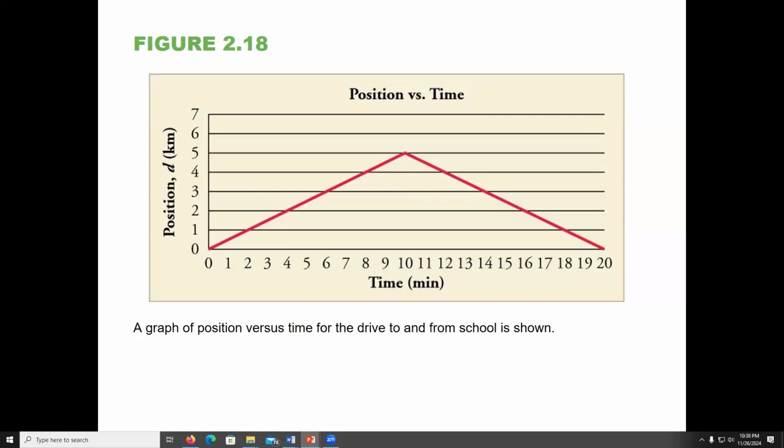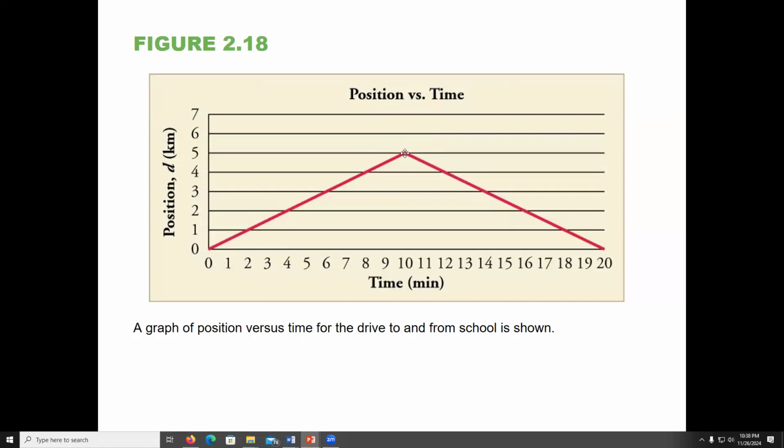Now the question is, what happened? What happens here is that the direction of our position has reversed. We moved up. Remember, we said the y-axis going up is positive, coming down is negative. That shows that for 10 minutes, we went in the positive direction. The positive direction could be north, east, south, or west. It doesn't matter.